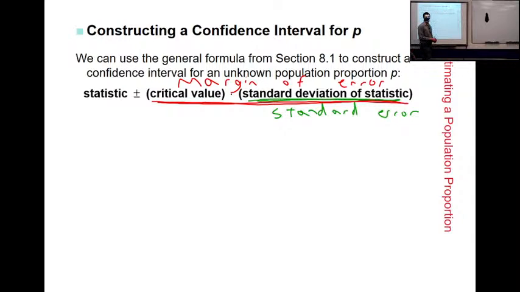So the very broad scope of the formula is going to be my point estimate, my p hat, plus or minus the margin of error. And what the margin of error consists of is a critical value, a z-score, depending on the confidence interval I'm making, times whatever standard deviation formula I'm using. And that standard deviation formula is going to be called the standard error.